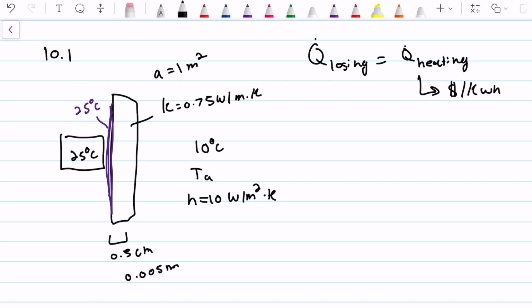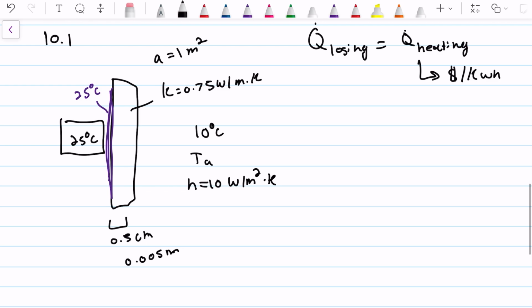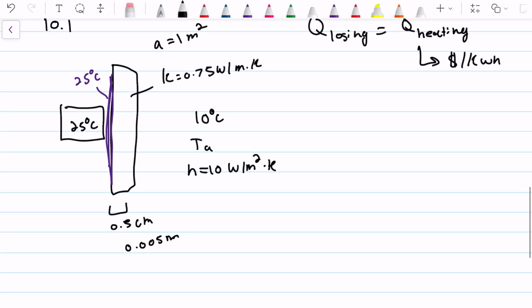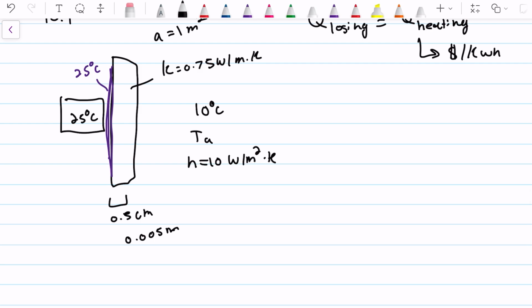So how can we find the heat loss? Well, you can calculate the heat leaving a surface using Fourier's law. So if we want to calculate the total heat flow, that would be K times the area times delta T.